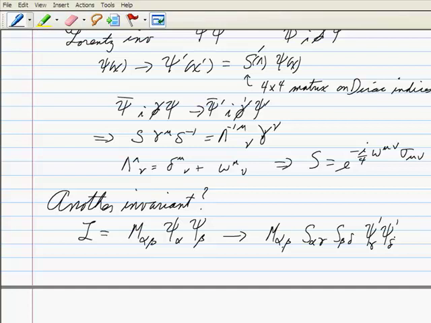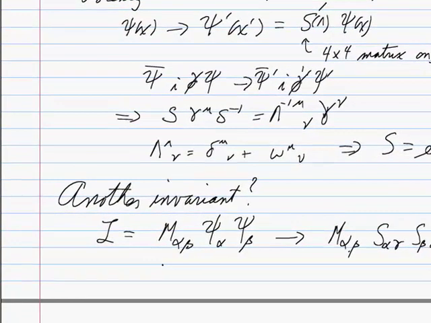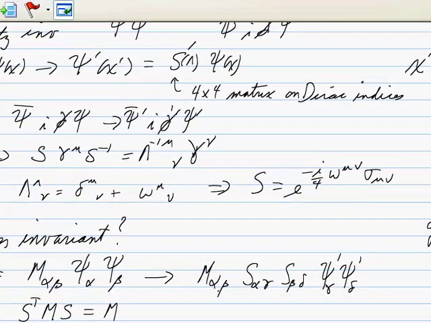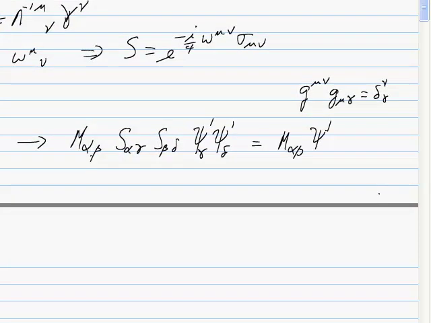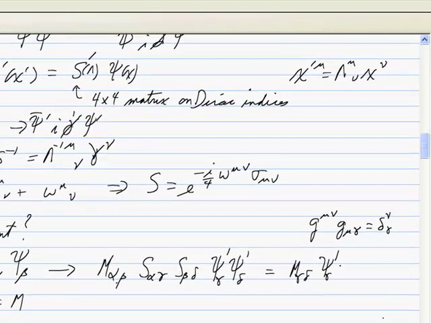Okay. So the question then is, can we find a matrix M where S transpose M S equals M? If you do that, this would then equal M gamma delta psi prime gamma psi prime delta.